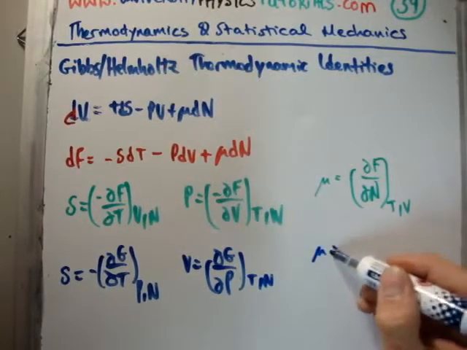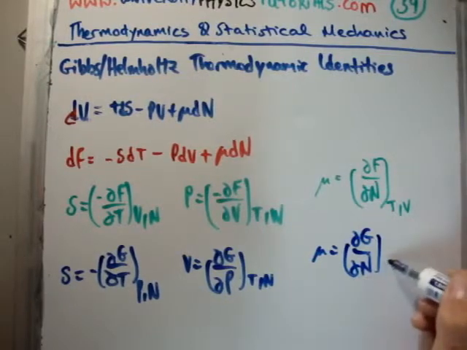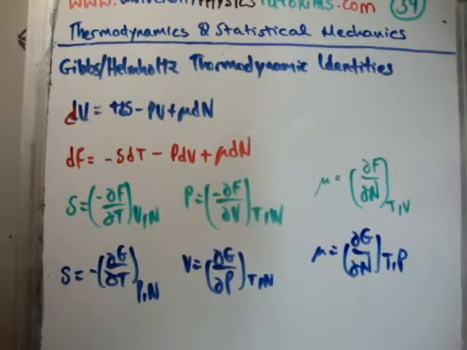And the chemical potential is equal to del G del N, holding the temperature and pressure fixed. The point here is that by measuring the Gibbs free energy or the Helmholtz free energy, you're able to get these quantities of entropy, chemical potential and, for example, volume or pressure. And that's something which is very easy to do.